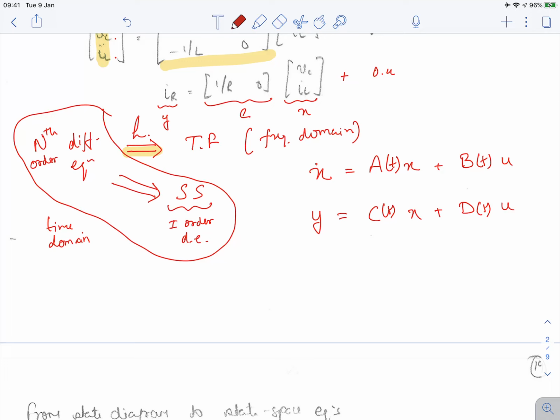Now there could be another representation. Let's say instead of time t I have them as a function of states, then it would become a nonlinear system. So in general, the generic description of a state space representation for a nonlinear system is given by x dot is equal to some function f, which is a function of x, u, and t.